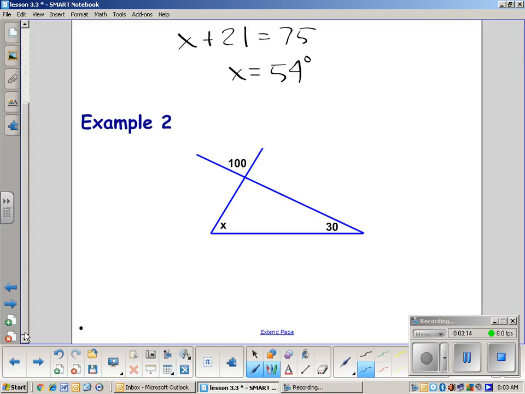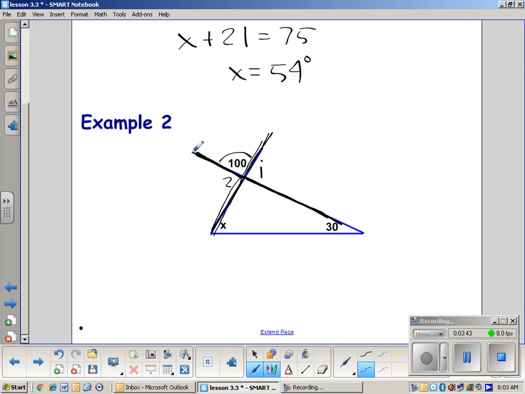In this case, both of these sides that create this angle are extensions of the sides of the triangle. So neither of these sides are actually the side of the triangle. This angle here would be an exterior angle, wouldn't it? Because one of its sides is the side of the triangle, the other is an extension. And this one over here would be an exterior angle because this side is the side of the triangle and that's the extension. Okay? But in this case, it's not.